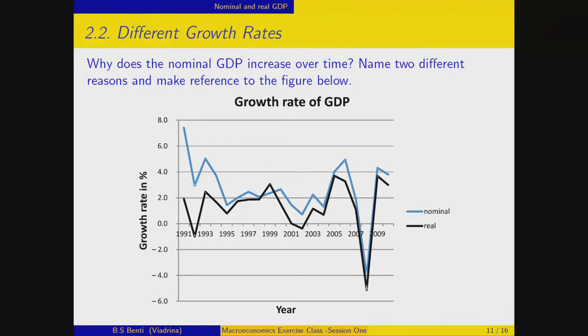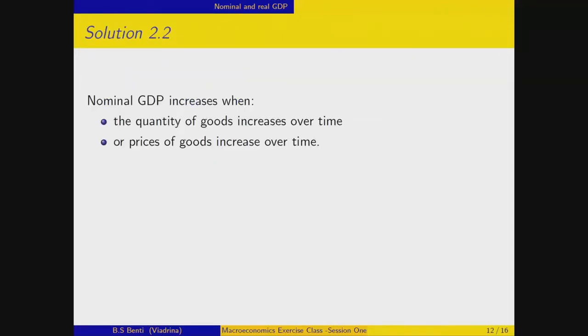The question is, why does the nominal GDP increase over time? Name 2 different reasons. We have said nominal GDP is the value of final goods at the current price. So this definition gives an overview of 2 variables here, the quantity of goods and the price of goods at the time period.